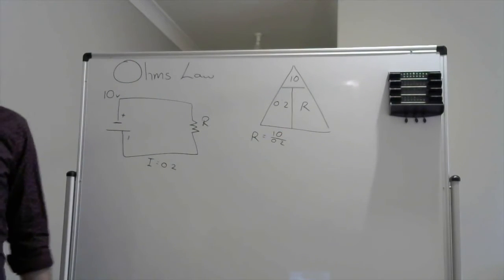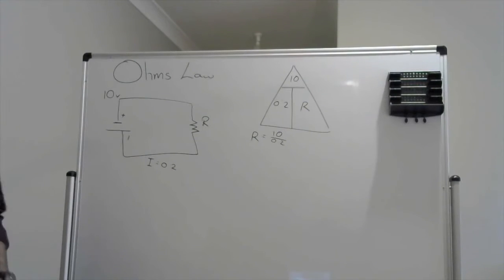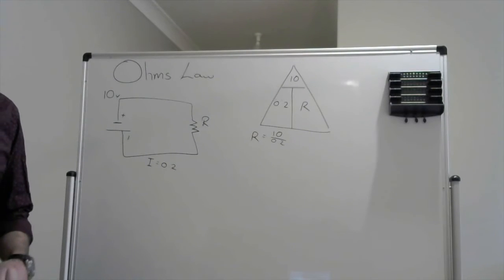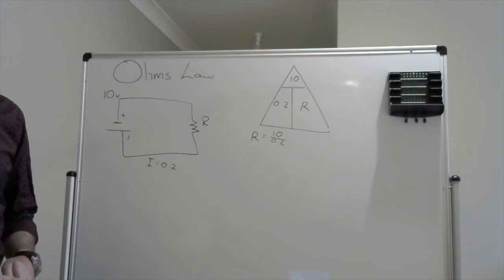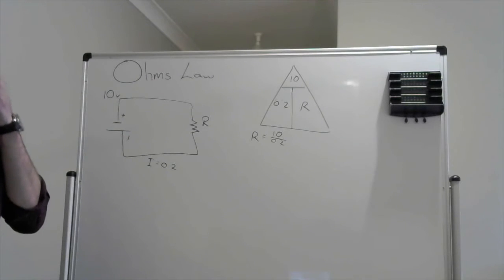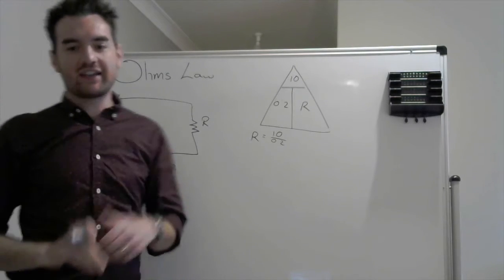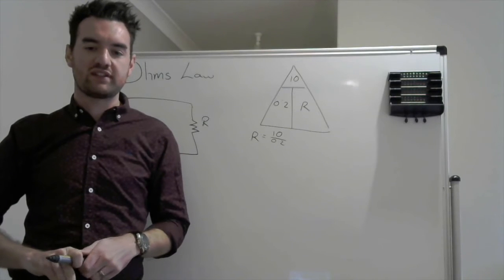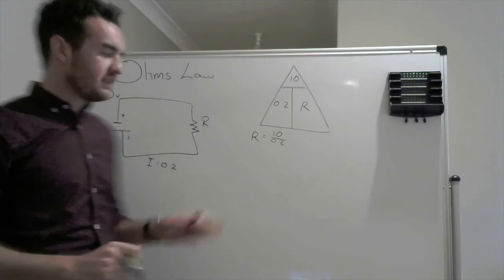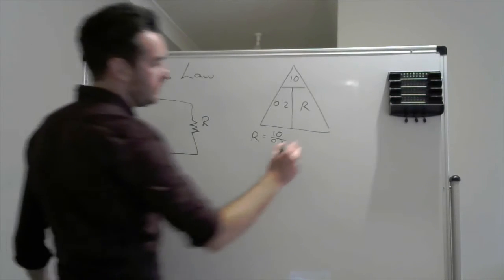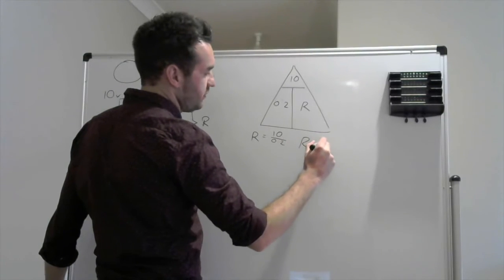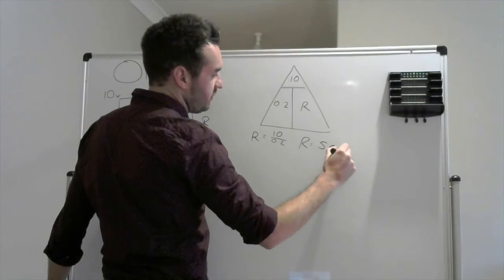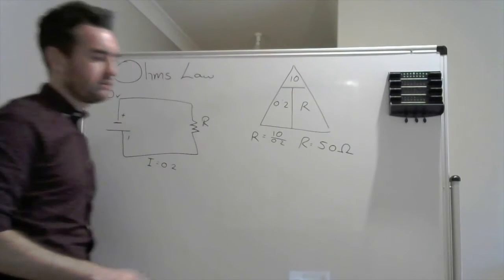Now if that is the case, 10 over 0.2, what is the resistance going to be? Maybe I'll give you a second to calculate that. What is the resistance going to be? 10 over 0.2, the resistance is going to be 50 ohms.